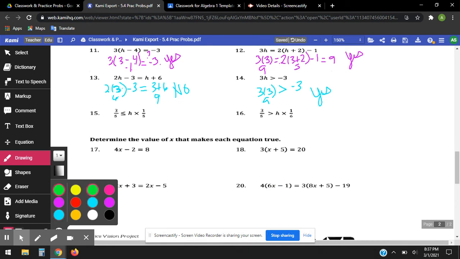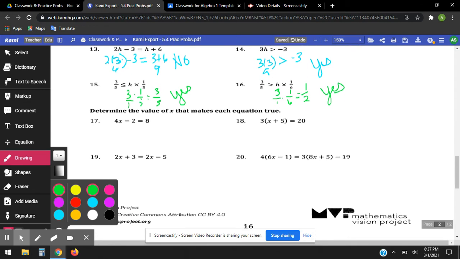Next one. 3/5 is less than or equal to 3 times 1/5. Well, 3 times 1/5 is 3/5. Can it be equal? Yes, so that one's good. What if I had 3 times 1/6? That's 1/2. Is 3/5 bigger than 1/2? Yeah, 2.5 is half of 5, so that's a yes too. So for the most part, that worked.